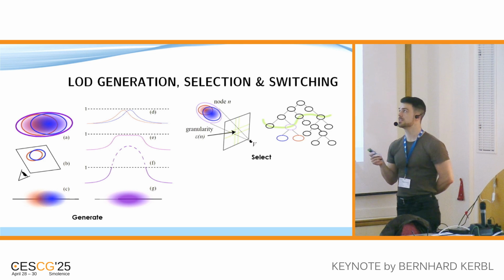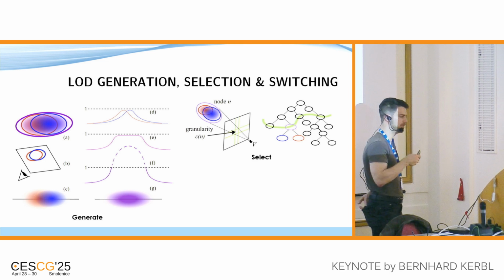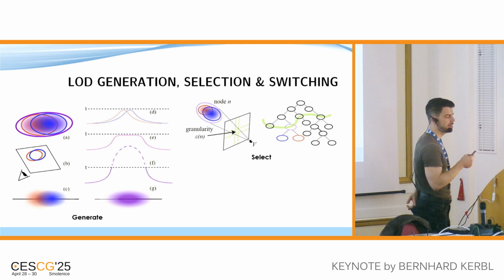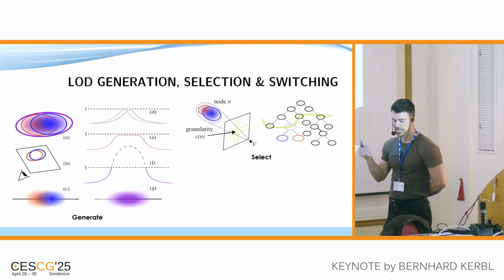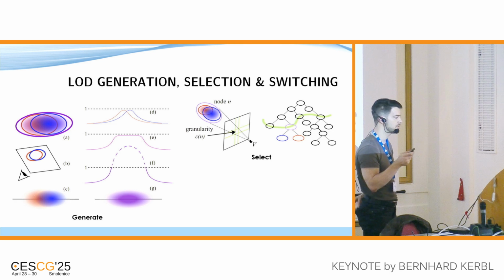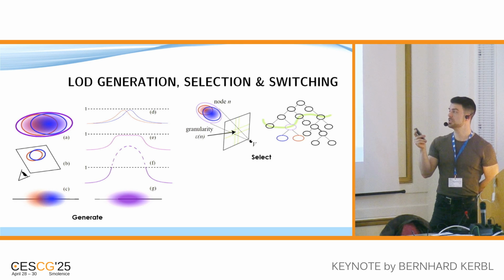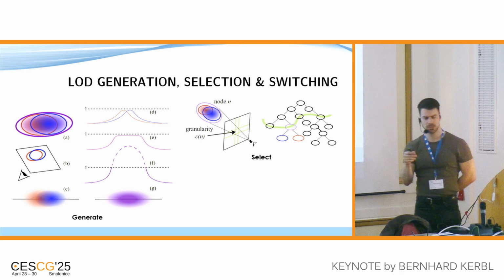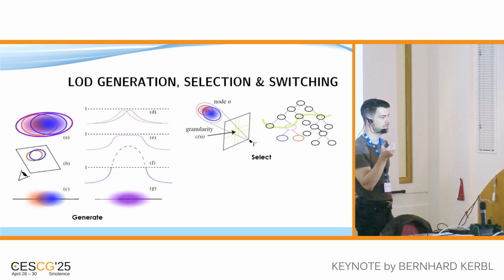And this is for us based on the projected size of these individual Gaussians, and then picking a cut through the tree of available intermediate and leaf Gaussians, so that for every path through the tree we have the first Gaussian that satisfies the projected size criterion onto the screen.